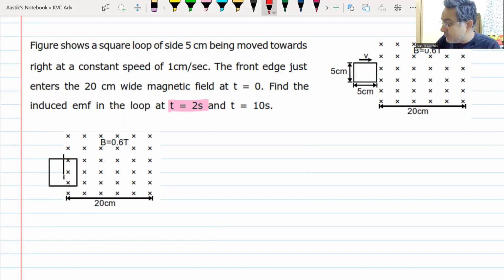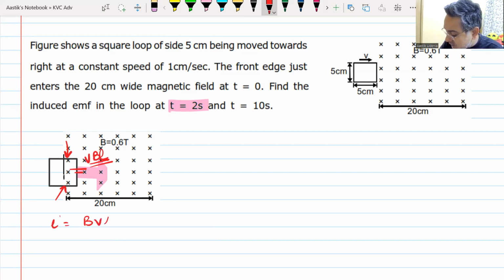There would be EMF induced in the loop. What would be the EMF induced in the loop? The EMF induced in this part is 0. The EMF induced in this part is 0. The only EMF is induced in the vertical part. How much is the EMF induced in the vertical part? V into B into L. And what is the current?